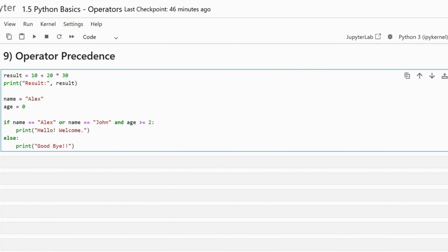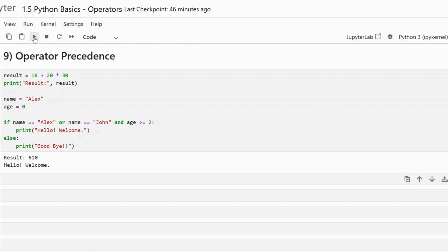The operator precedence decides which operation executes first. Example, 10 plus 20 into 30. Multiplication happens first. So 20 into 30 gives you 600. Then addition happens. So 10 plus 600 gives you 610.